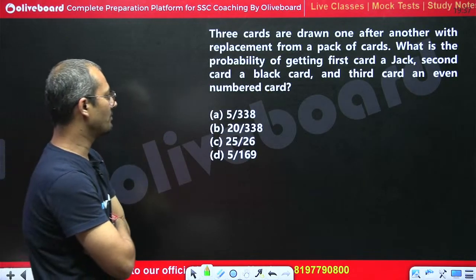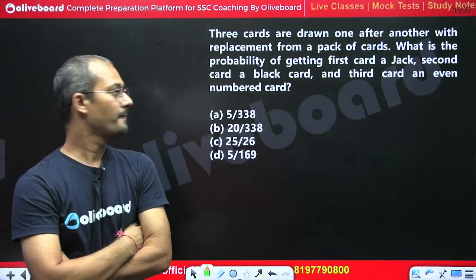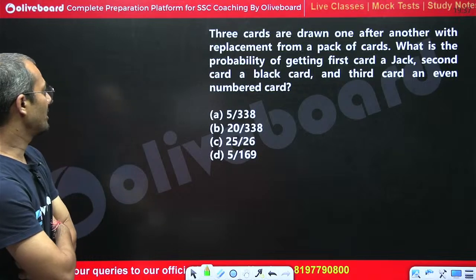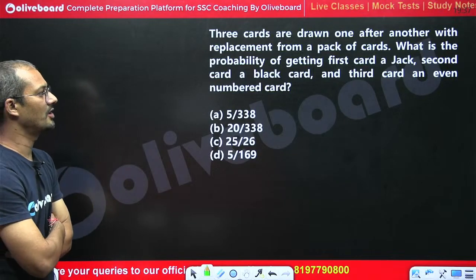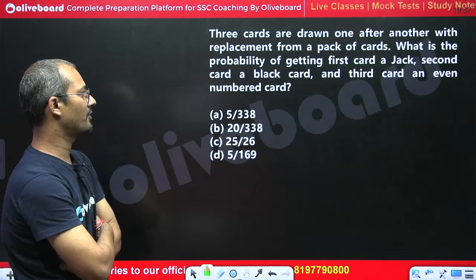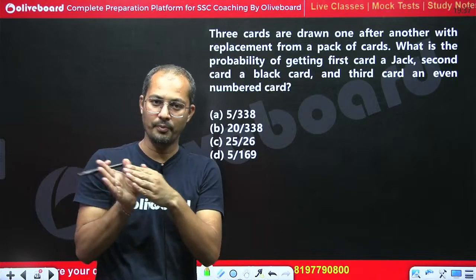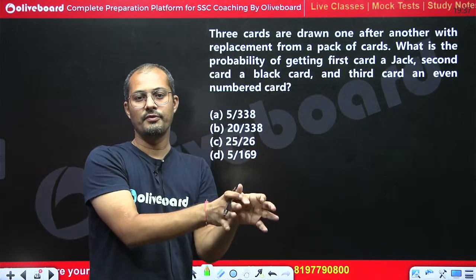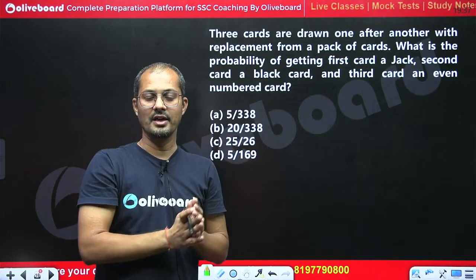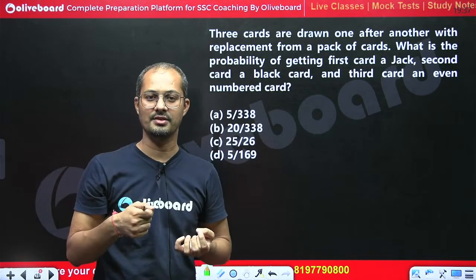Now tell me what would be the answer of this question. Again, a very good question from probability. Here the question is saying 3 cards are drawn one after another with replacement from a pack of cards. It means we draw one card and put it back into the 52 cards, so each time we are drawing a card from the 52 cards.